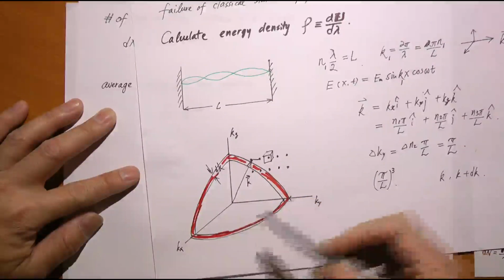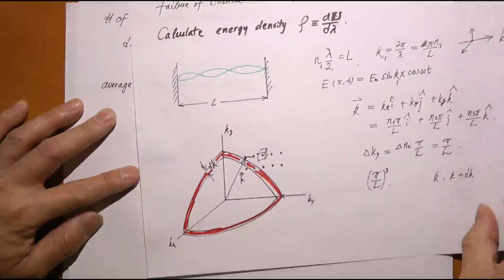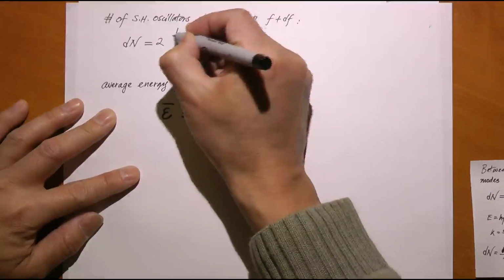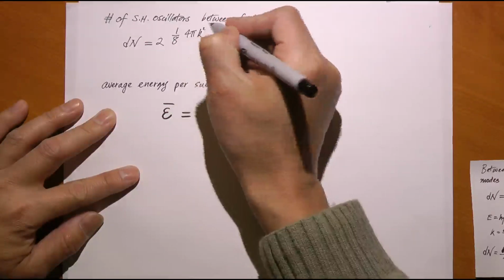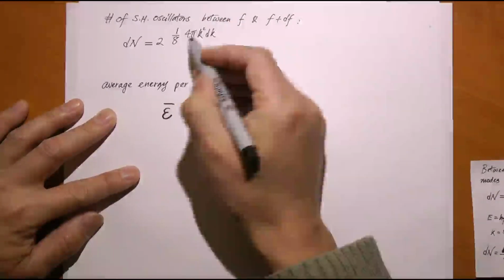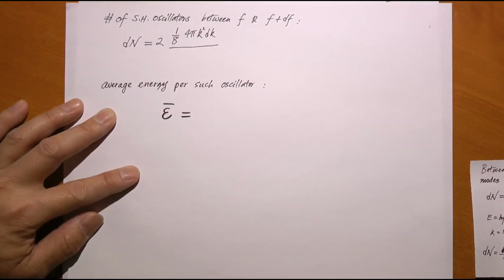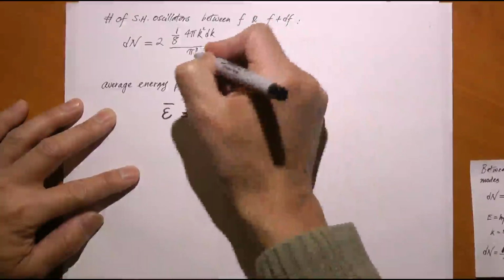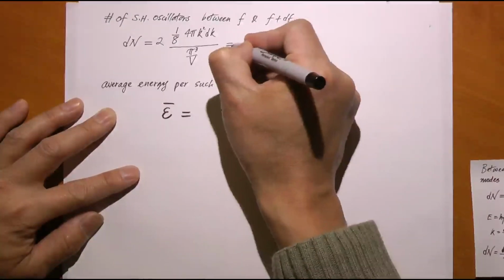All these k values must be positive because all these n's must be positive, and therefore I only have 1/8 of the volume of a spherical shell. So 1/8 of 4 pi k squared, k being the radius, times dk, the thickness. This is the volume of the spherical shell, divided by the volume occupied by each dot, or each mode, which is pi to the power 3 over L to the power 3. L to the power 3 is just the volume of the black body. And so this is what I get.